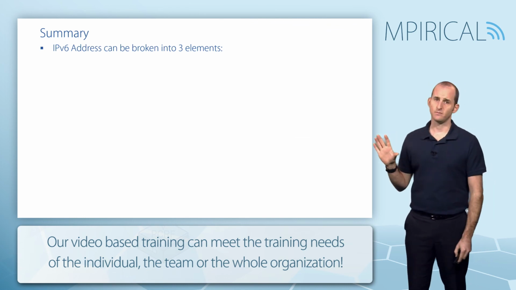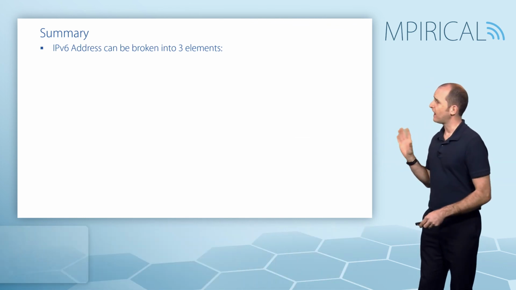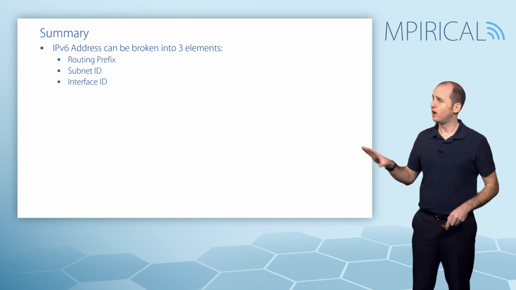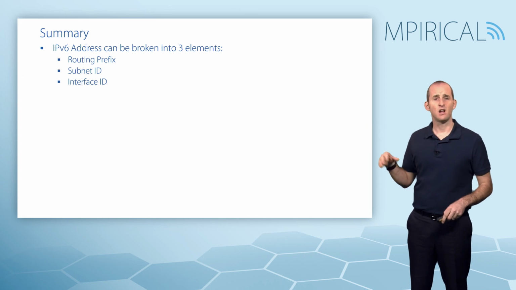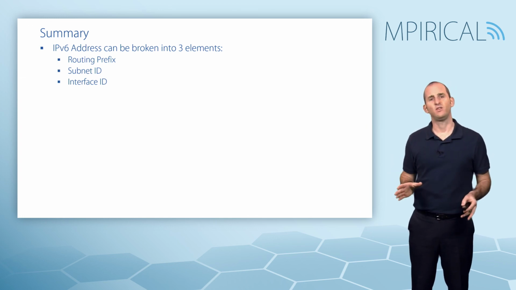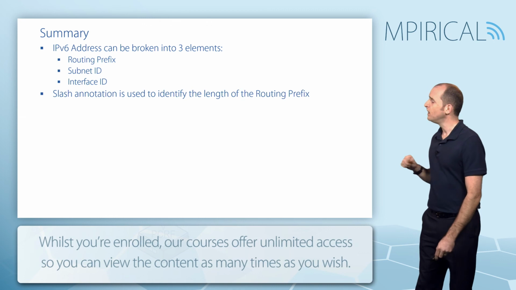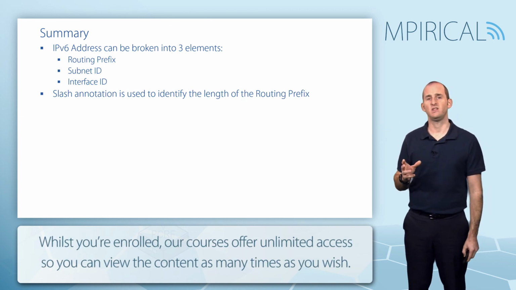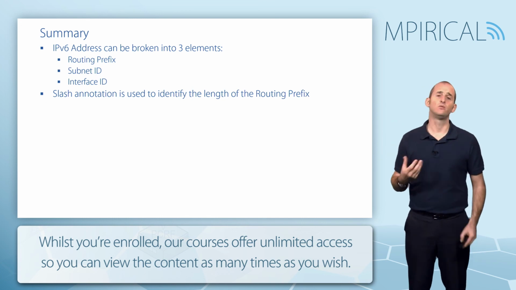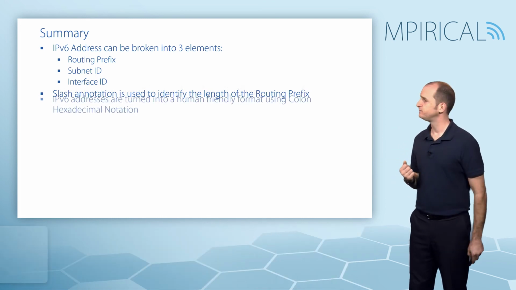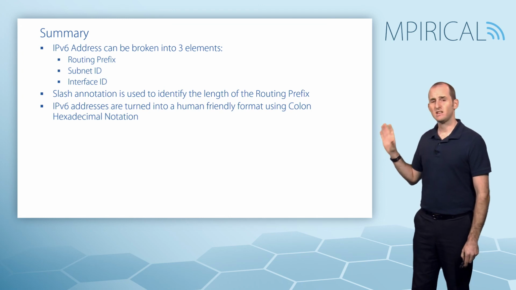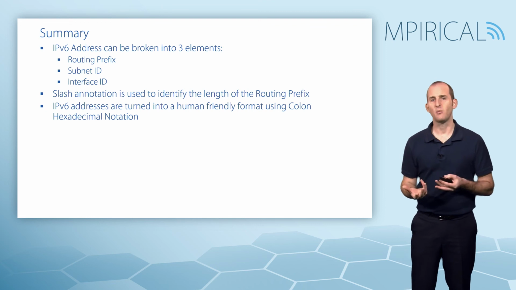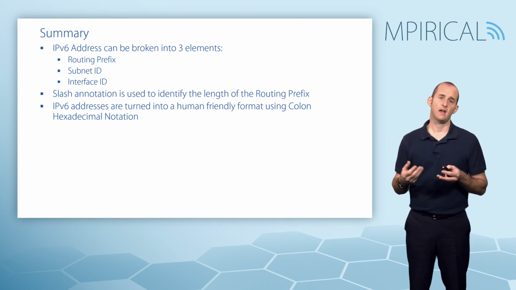So just in summary then, we saw in this session that the IPv6 address can actually be broken down into 3 main areas, and those are the global routing prefix, the subnet ID, and the interface ID. We also saw that / annotation is still used in IPv6 to denote the length of the routing prefix. IPv6 addresses, we also saw, are actually turned into a human-friendly format using colon hexadecimal.